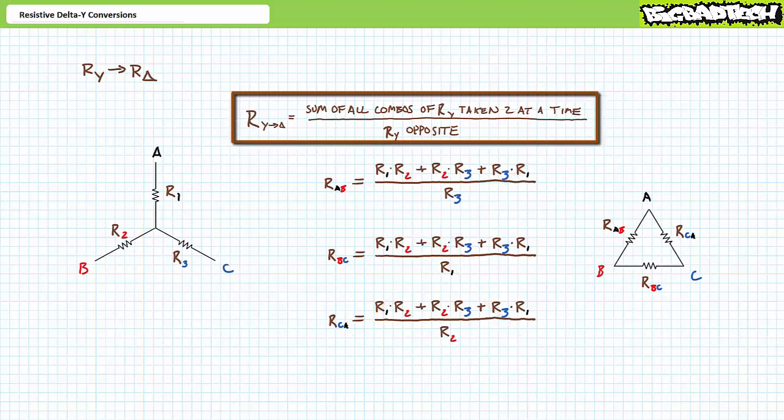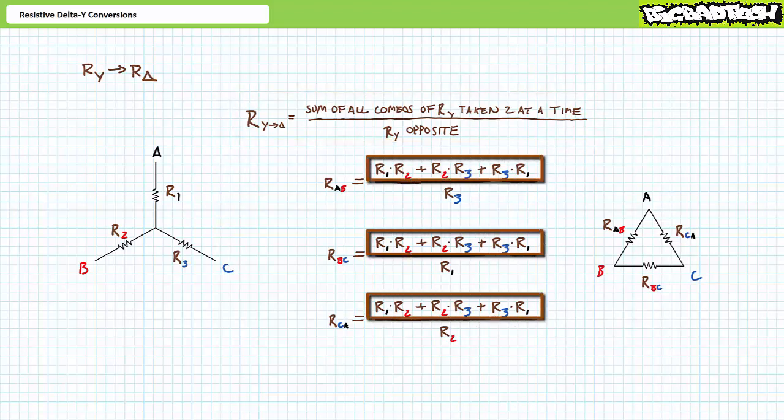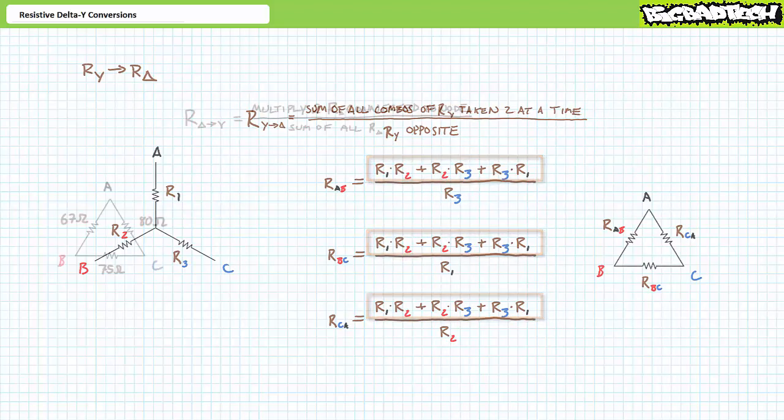To convert from a Y to a delta configuration, at each node, take the summation of all possible products of the Y resistance elements taken two at a time, divided by the resistance element opposite from it. You can remember this simple formula and use it to derive the three conversions necessary. You will note that the numerator is the same for all three formulas, and only the denominator changes.